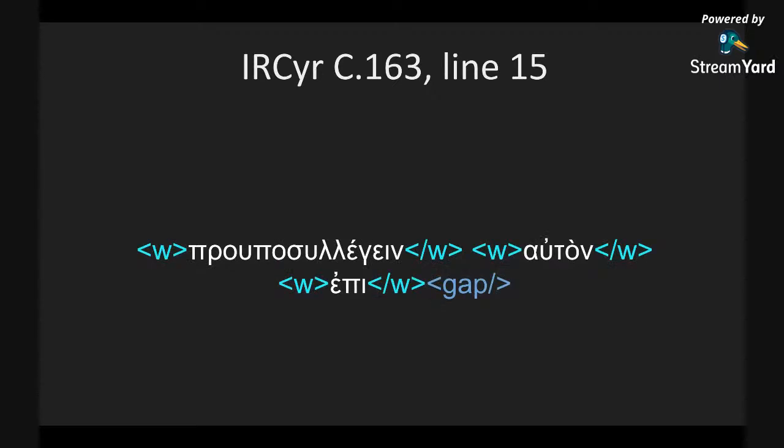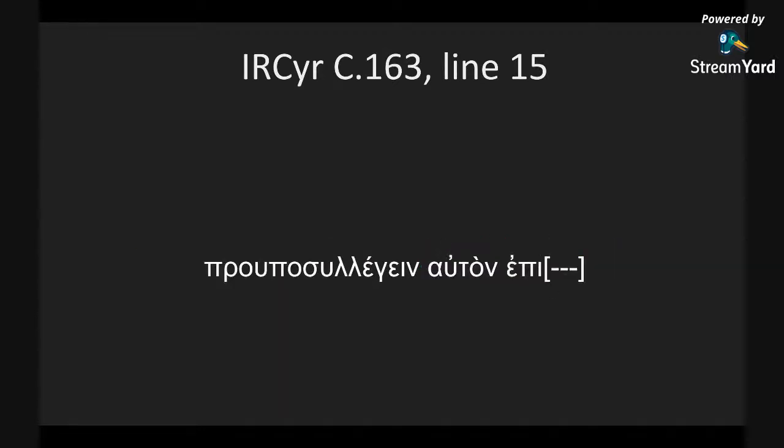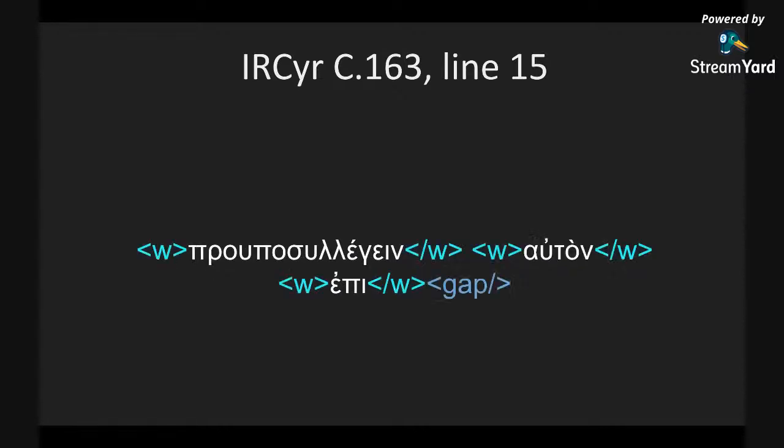So we tag the words, and epi is the string of characters, the only characters in this edition that make up that word. So we tag that as if it were a complete word for the moment, and there's a gap immediately after it. That represents those square brackets and dashes in the line. And I'm not going to represent all the attributes needed for gap, because that's not the purpose of this discussion.